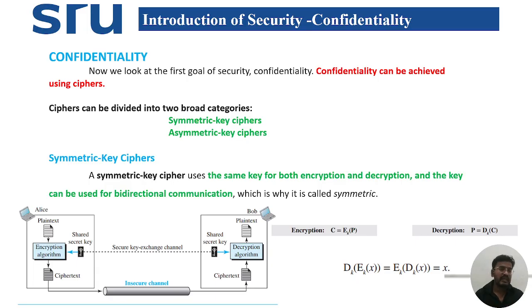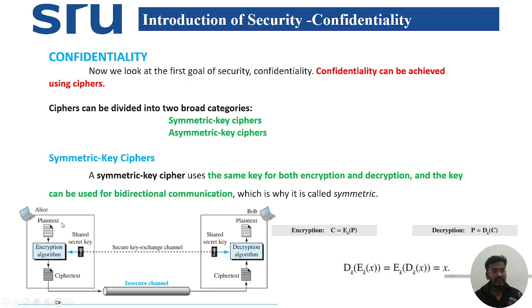Coming to symmetric key ciphers, a symmetric key cipher uses the same key for both encryption and decryption, and the key can be used for bidirectional communication. For example, Alice wants to send a file to Bob. The two persons use the same key to access the file.